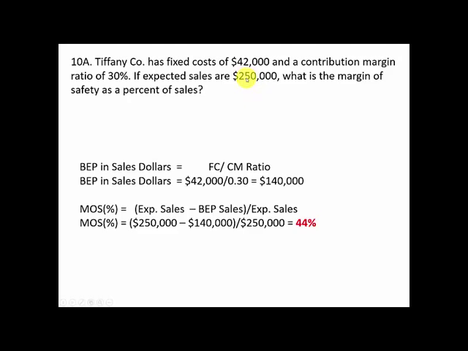In dollars, the difference between the expected sales of $250,000 and the break-even sales is $110,000, but they don't want it expressed that way. They want it expressed as a percentage of sales. So what we'll do, take the $250,000 minus $140,000 and divide it by $250,000, which is the expected sales, and that gives us a margin of safety expressed as a percentage, 44%. So you can express it as a percentage, or you can express it in dollars.